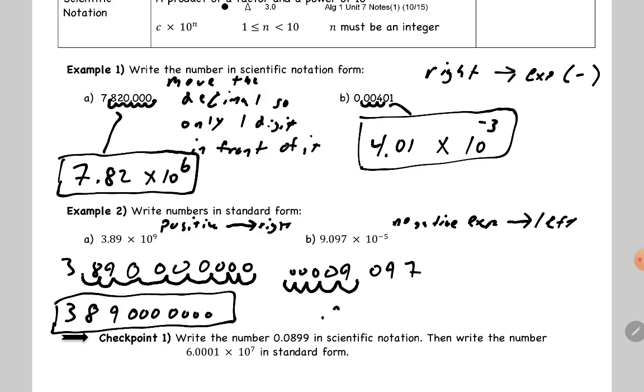So this is 0.00009097. Multiplying by 10 to the negative exponent makes the number smaller. Multiplying with a positive exponent makes it bigger.